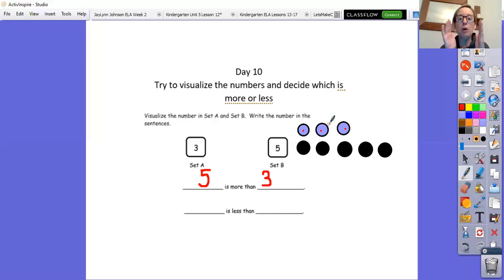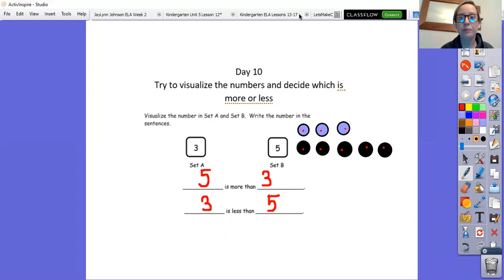Remember, less is smaller. Which one of these is the smaller amount? Good, it's the blue ones or set A. So I could say that 3 is less than how many were right here? Do we remember? Let's count. 1, 2, 3, 4, 5. Okay?